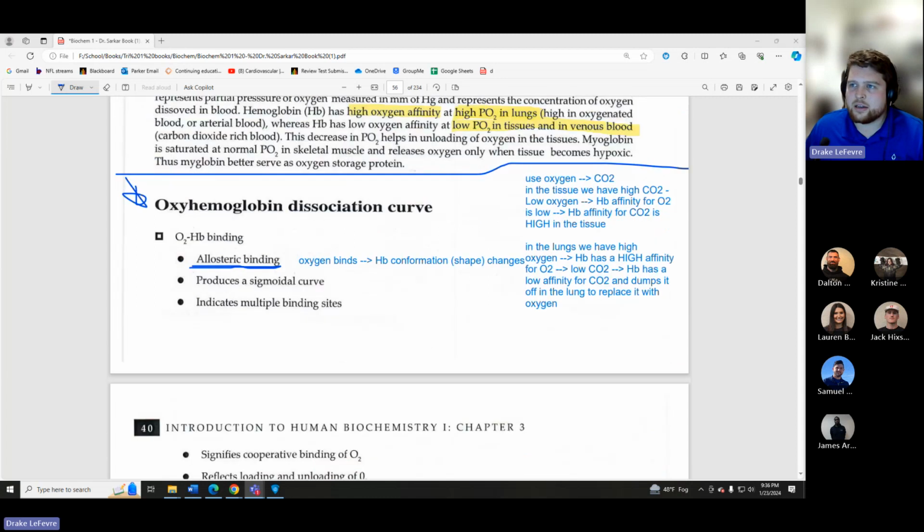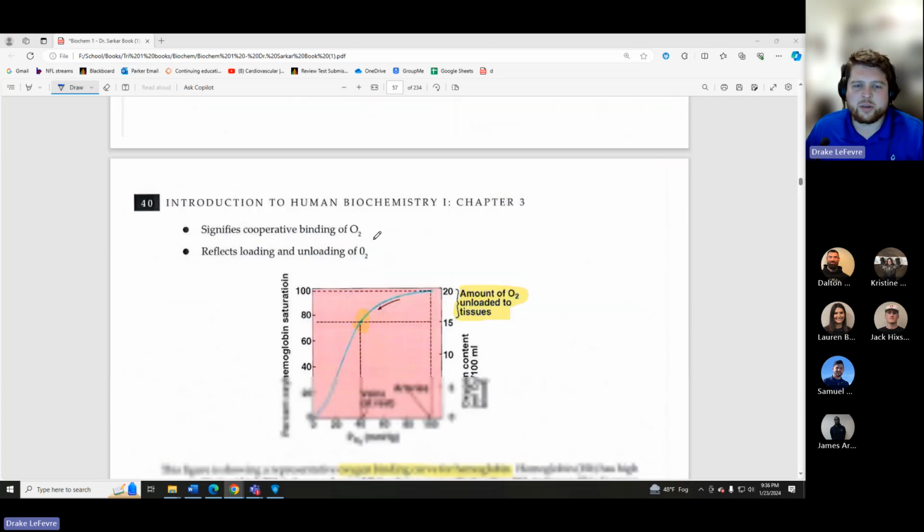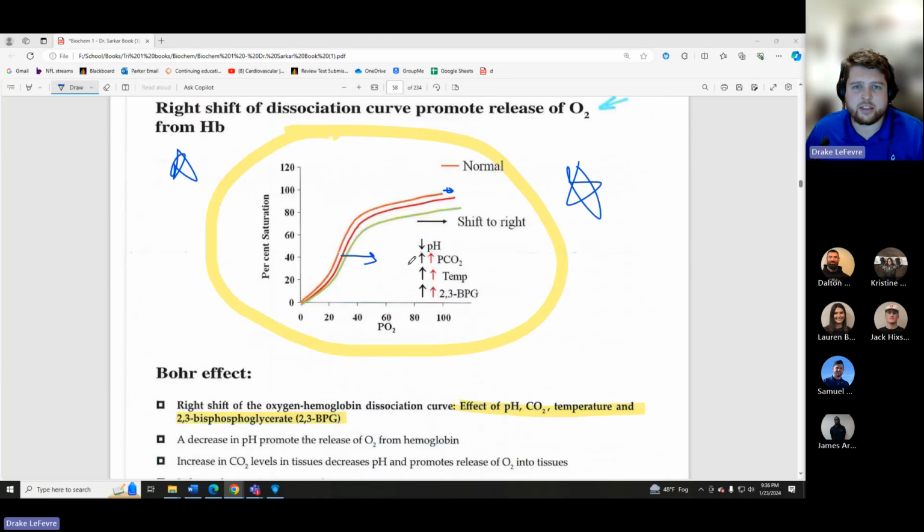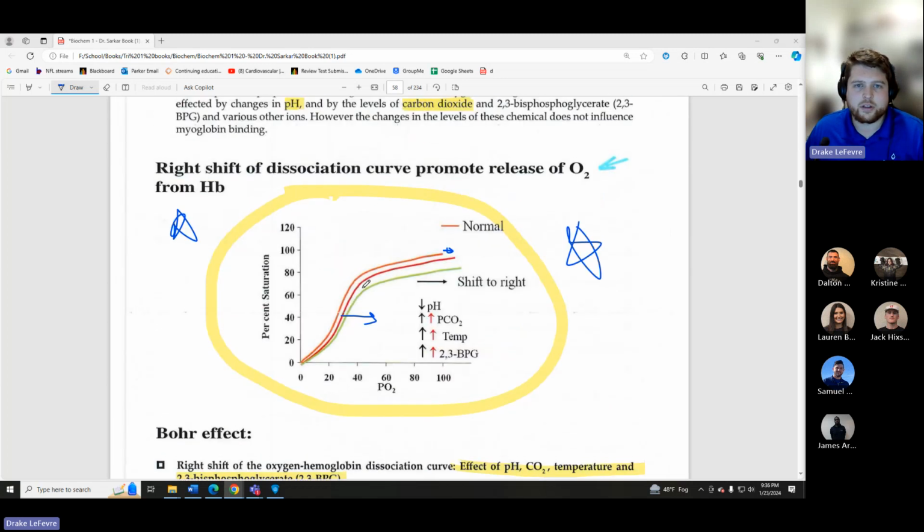We'll get back into this, and I would spend a little bit of time on this curve, specifically the shifting, the right and the left shift. Khan Academy and Ninja Nerd should have some really good material on this.